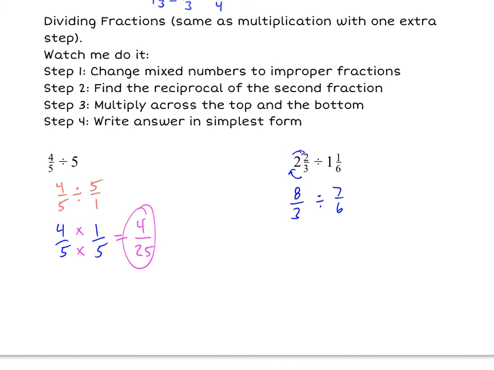My second step is take the reciprocal of the second fraction. So 6 sevenths, and then we're just going to multiply. I didn't flip the other one. Why did I flip the second one? Because that's my second step here. Find the reciprocal of the second fraction.